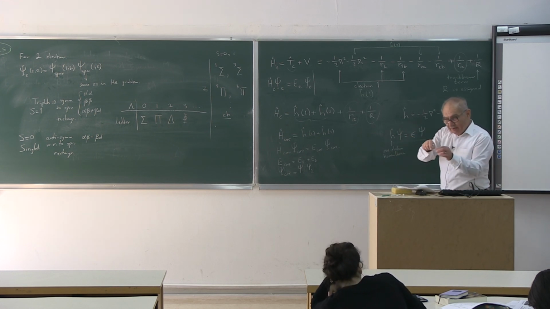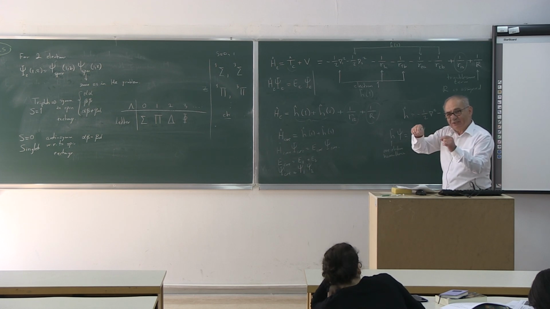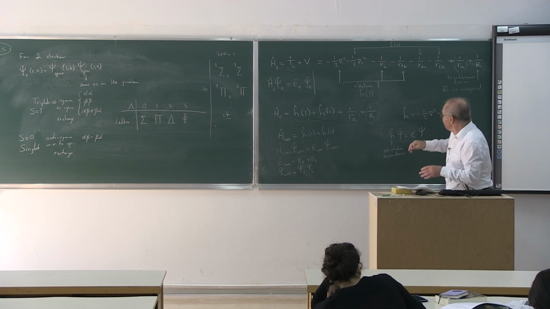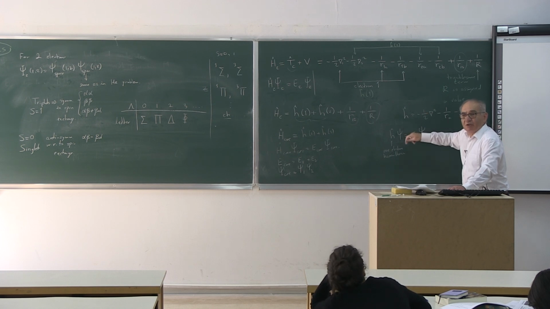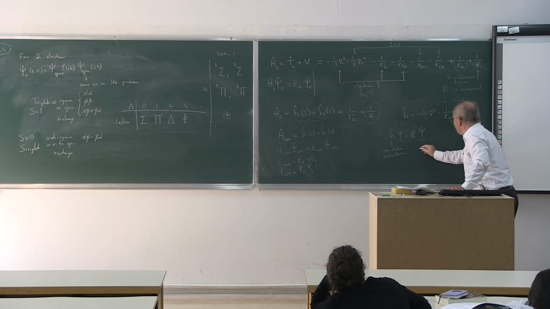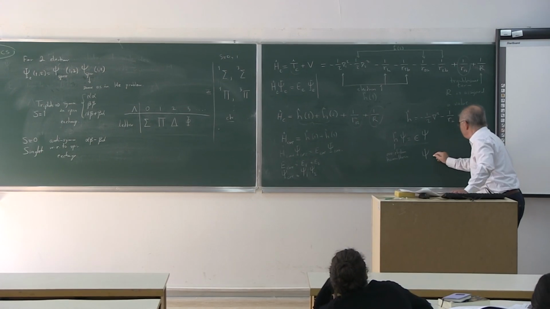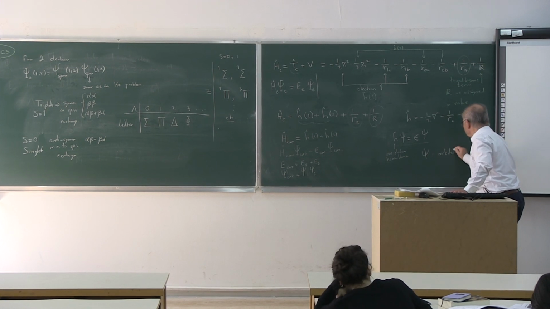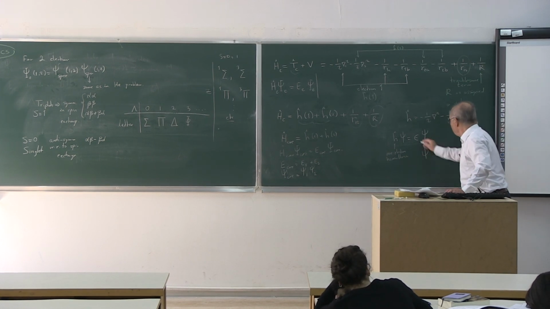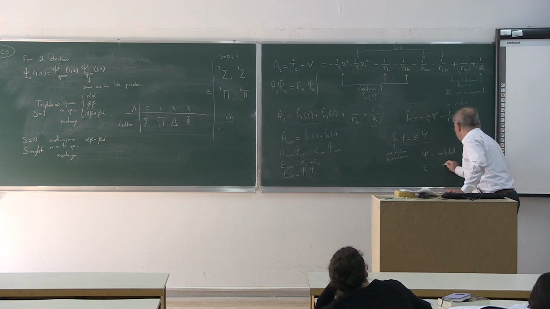When we have just one particle, and if that particle is an electron, then we give a special name to the state function of a single electron. We call it orbital. So this psi is orbital. And the energy here is orbital energy.